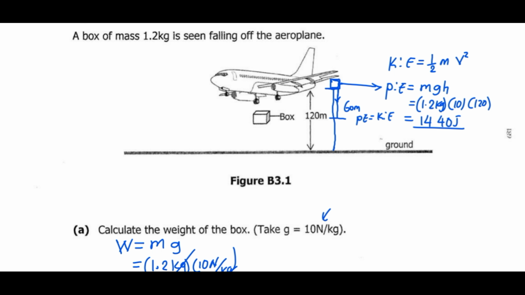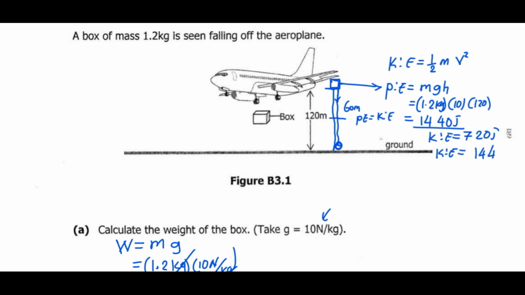If you divide by 2, you get 720. So at this point, the kinetic energy is 720 joules. If this object continues to fall down, by the time it is hitting the ground, all the potential energy has been converted into kinetic energy.